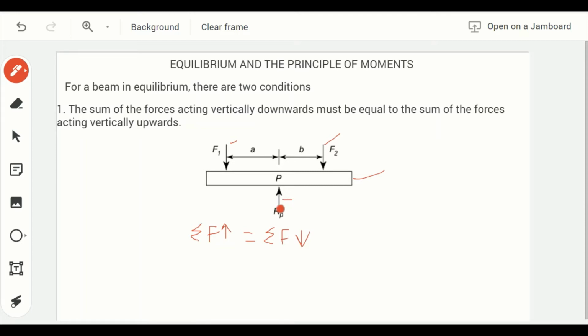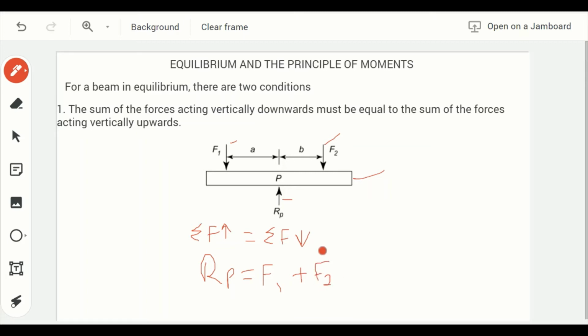So we have a force RP. So we have RP is acting upwards. Is RP equal to the forces acting downwards, which is F1 plus F2?